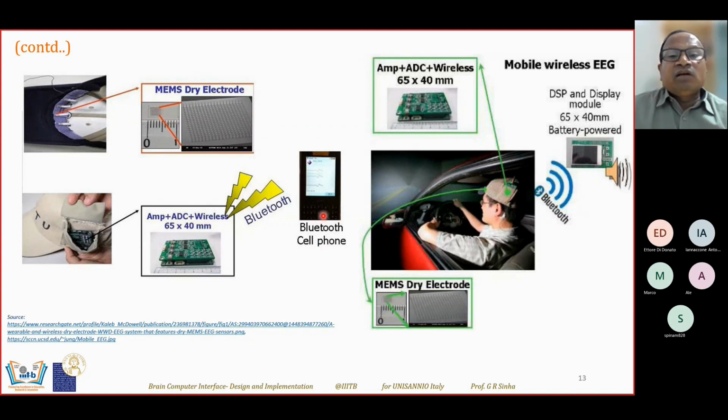Through the cell phone, we can get the signal. We can understand that his attention level is changing, and based on that BCI interface, an alarm can be generated by the mobile phone, and this person can be brought back to normalcy so that the accident could be avoided.